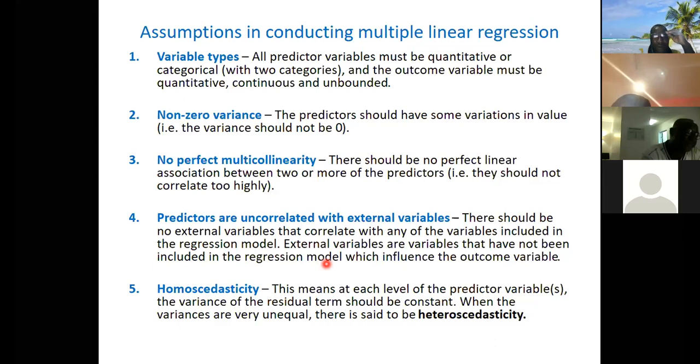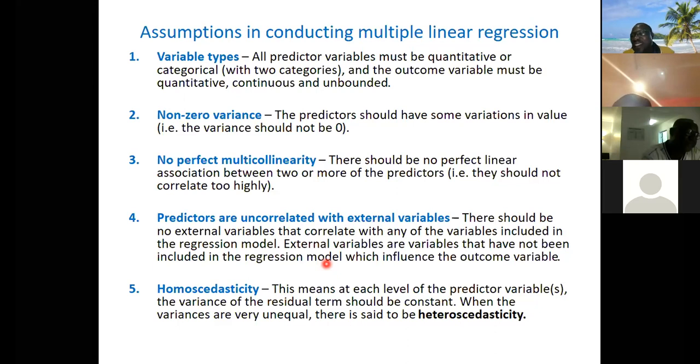Now, I think I have talked about all this. Then no perfect collinearity, predictors unrelated. Then homoscedasticity. You know, this is like when we say homogeneity of variance. Homoscedasticity means that at each level of the predictor variable, the variance of the residual terms should be constant.